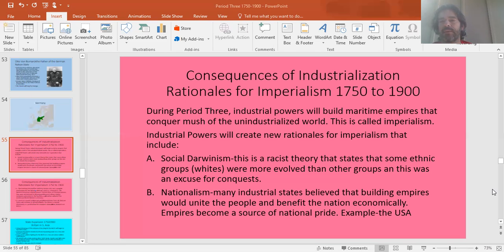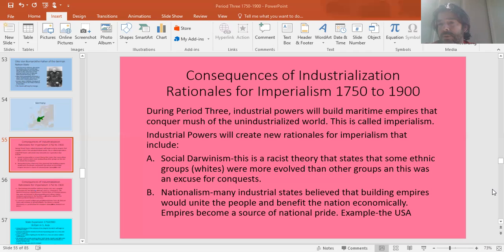And this is going to be important because most of the world that was not colonized in period 2, big picture, will become a colony of an industrial power in period 3. This is kind of a dark way of looking at it, but it's a good way of looking at it. In this unit, you're either a sheep or a wolf.